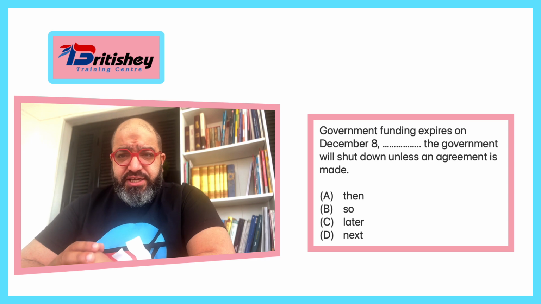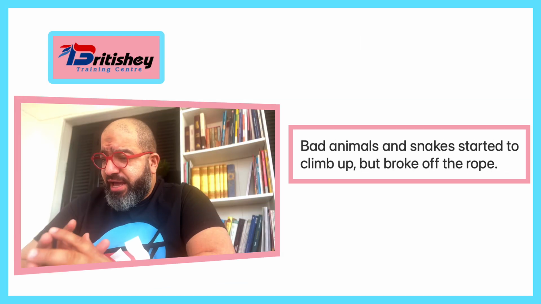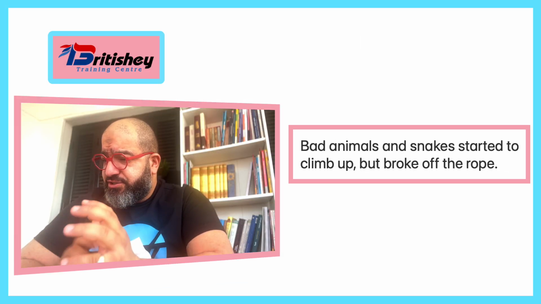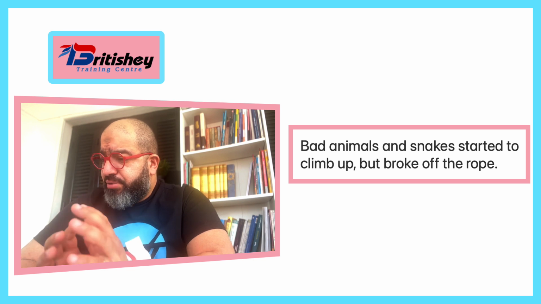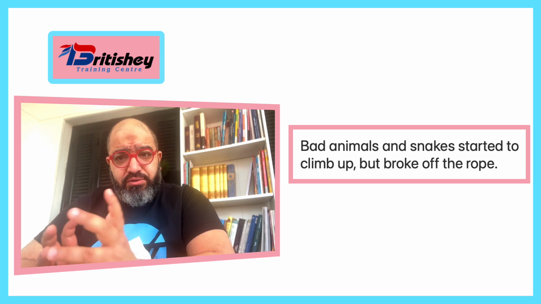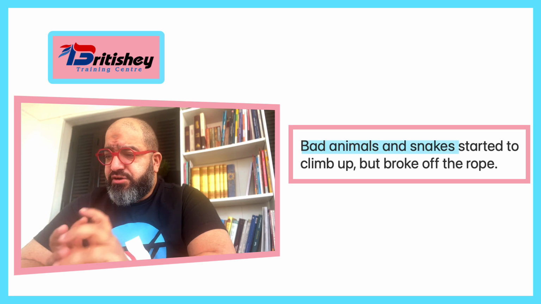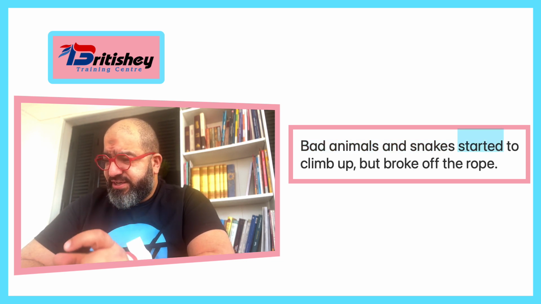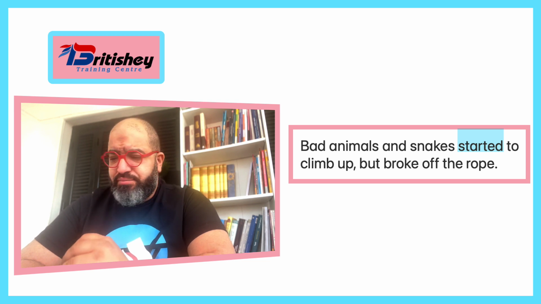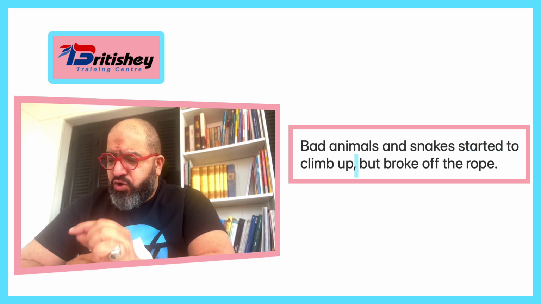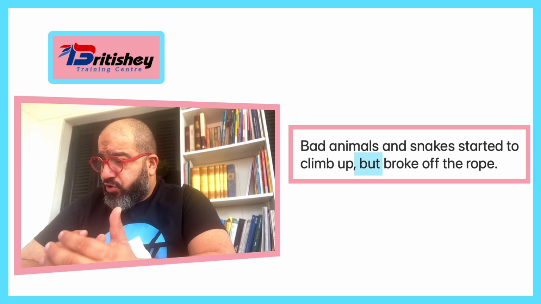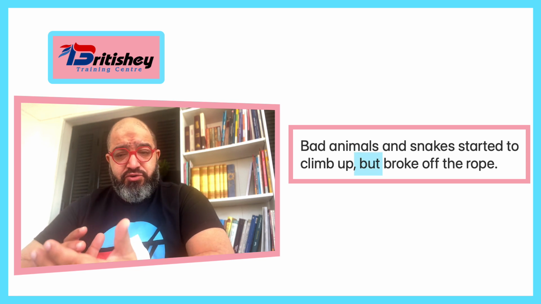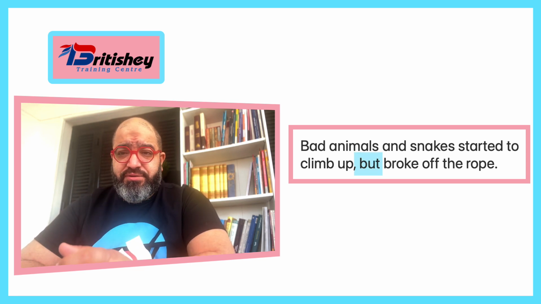Now, let's read this sentence together. Bad animals and snakes started to climb up, but broke off the rope. Now, let's analyze it. So we've got bad animals and snakes, that's a subject. Then we've got started, good, that's a verb. And then we've got a comma, lovely. Then a coordinate connector, but, great. Then what do we expect after but?